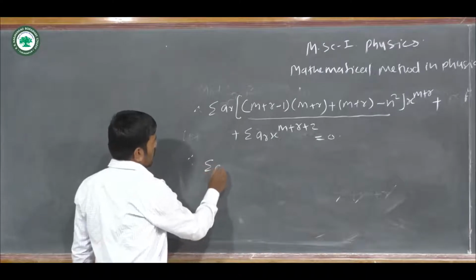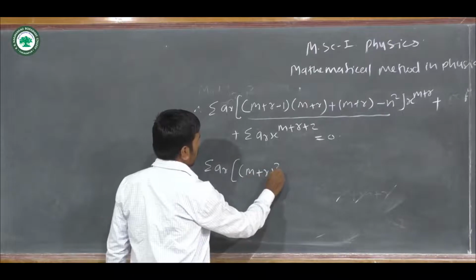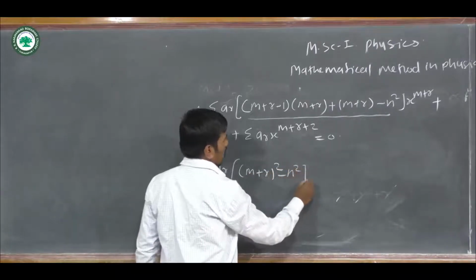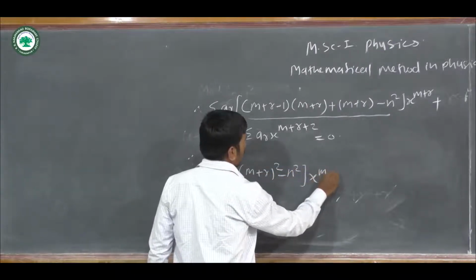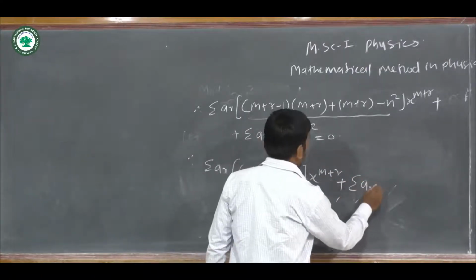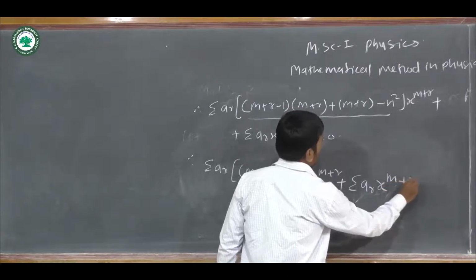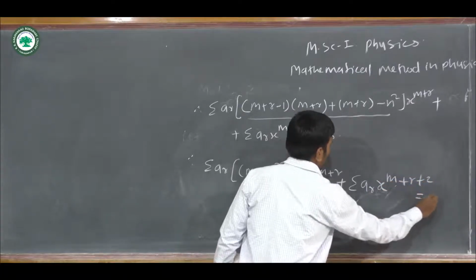So summation a_r [(m+r) squared minus n squared] x^(m+r) plus summation a_r x^(m+r+2) is equal to 0.